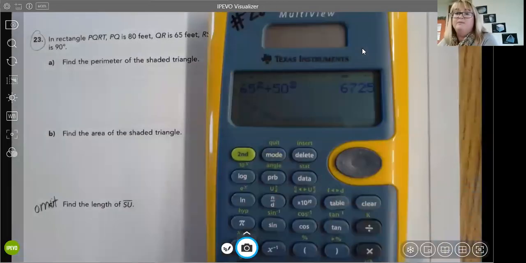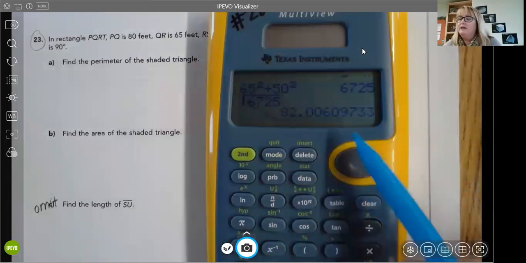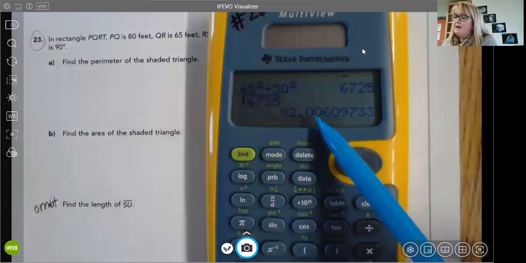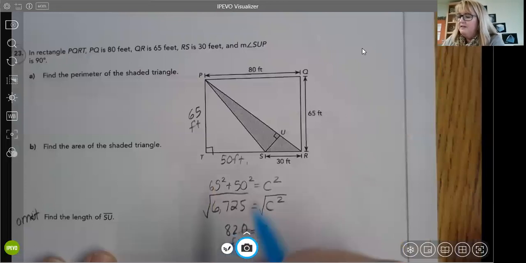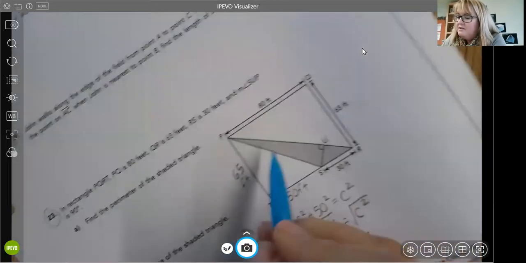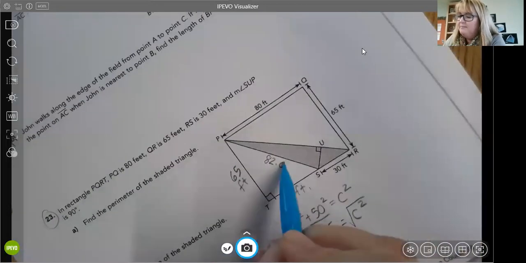We're going to find the square root of 6,725. And that is 82.006, etc. We are rounding to the nearest tenth, which is a 0. So c is 82.0 feet. So just kind of write that, 82.0 feet.